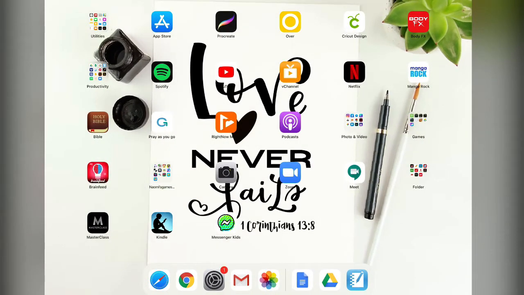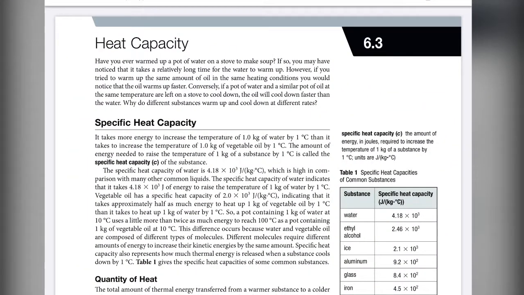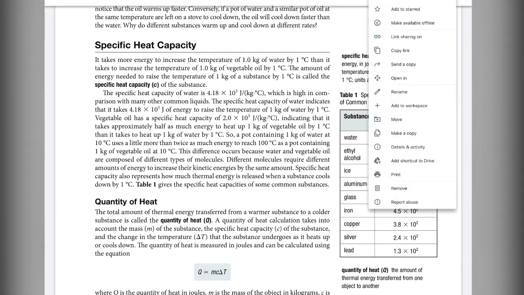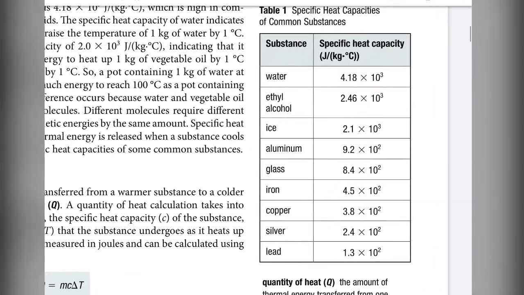If you go to the textbook, which is attached in your file, you can take a look at the specific heat capacity for the different things. Take a look at this chart right here. It is the specific heat capacity.